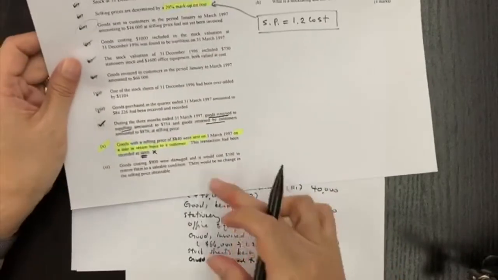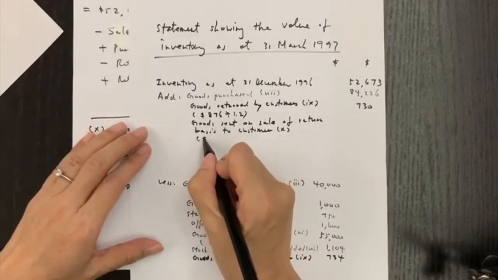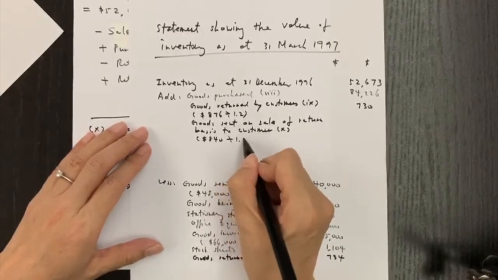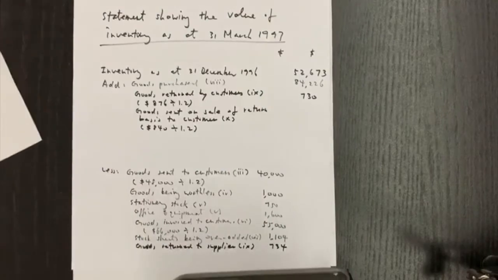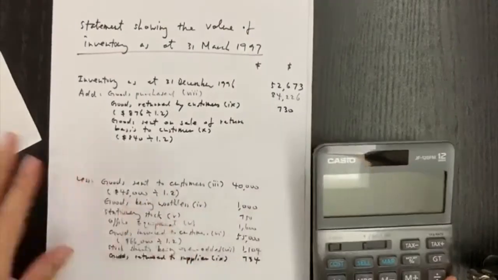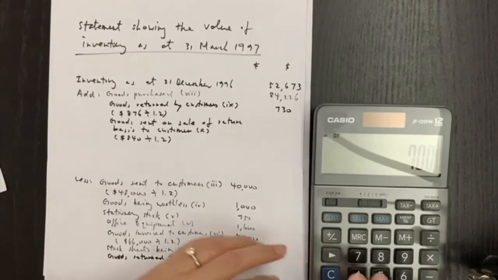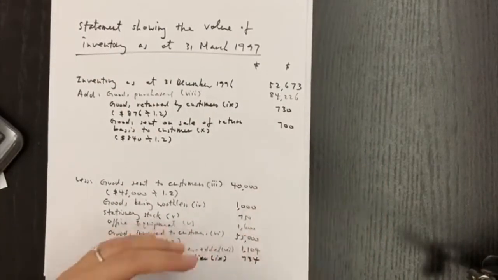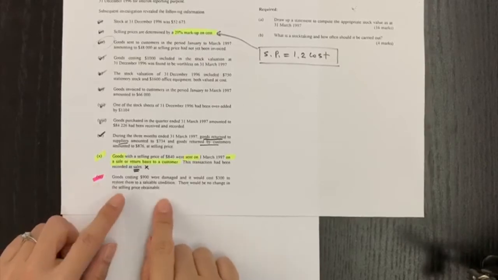The amount is 840 at selling price. I need to convert that into cost, so 840 divided by 1.2, which is 700 here.